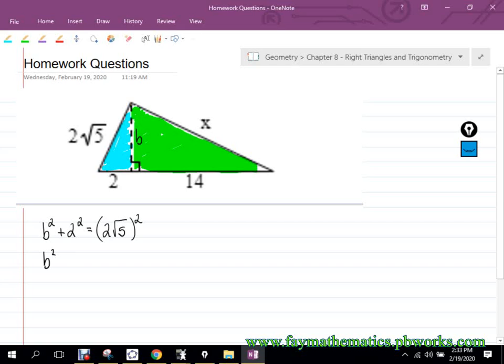Left hand side is B squared plus 4, and now this right hand side, and this is where we have to remember our Algebra 1 skills. Okay, this is Chapter 7 of Algebra 1, maybe a little bit Chapter 9 of Algebra 1.